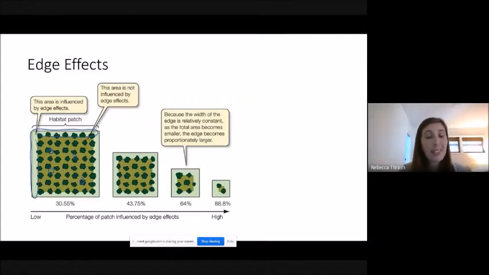As you start to decrease the area of the patch, though, the rest of the habitat is closer and closer to the edges, and so you have more influences within the entire habitat patch. And again, once you get to such a small area here, almost all of the habitat is impacted by edge effects. So what exactly are edge effects?